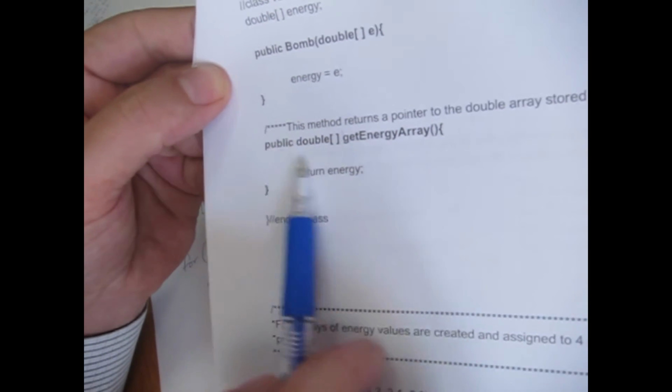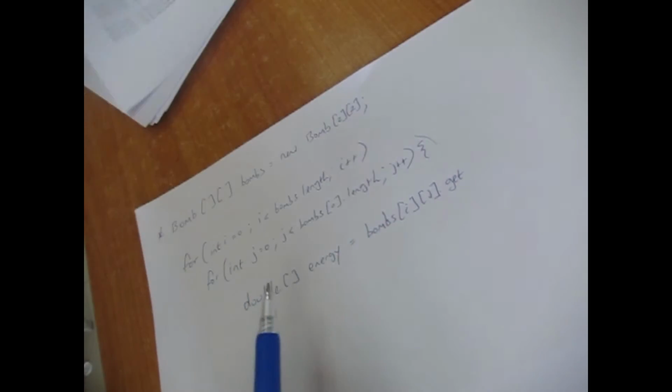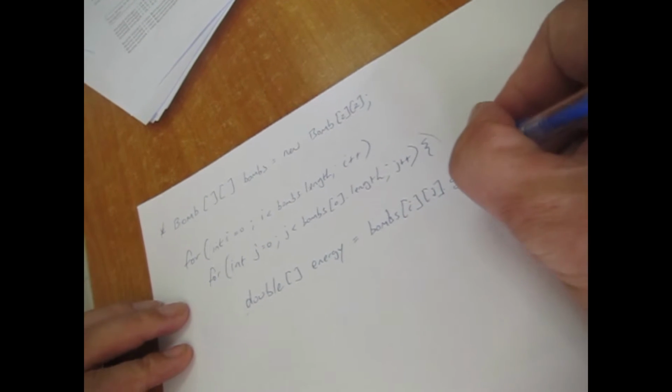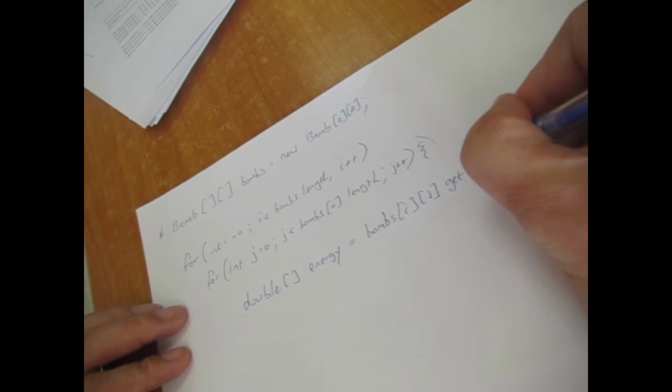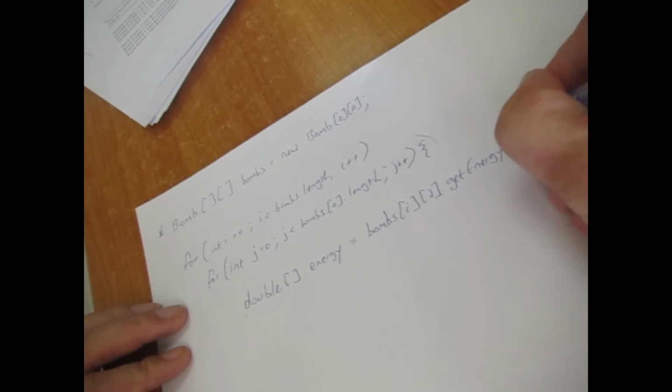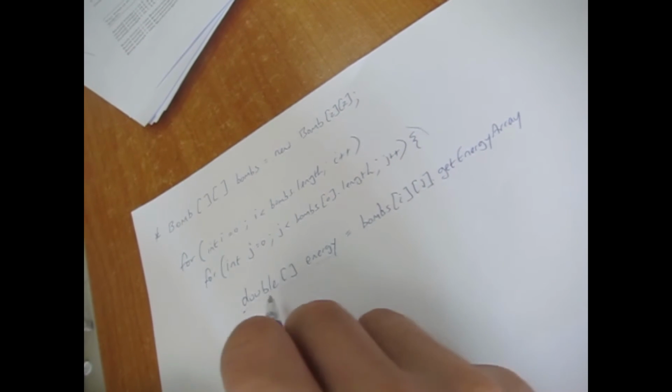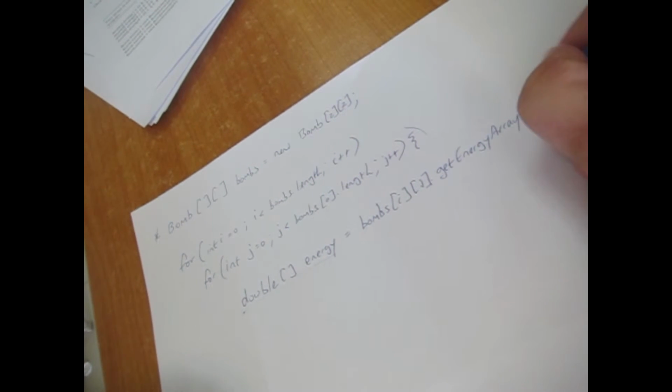And this is returning a double array. So that's what I'm setting up here. I'm just going to assign that double array that's stored to my own one that I'm making in my main program.